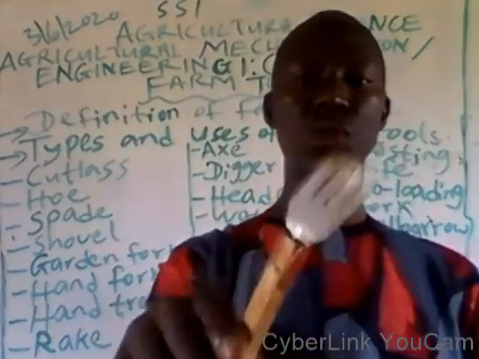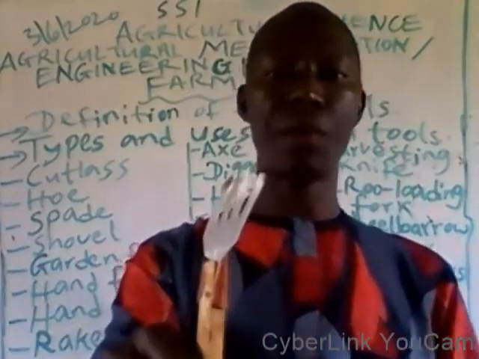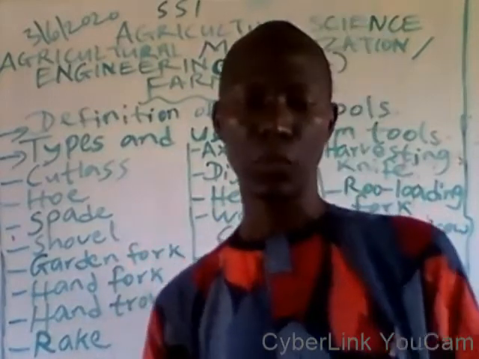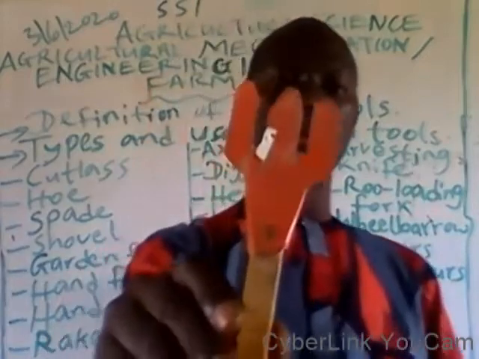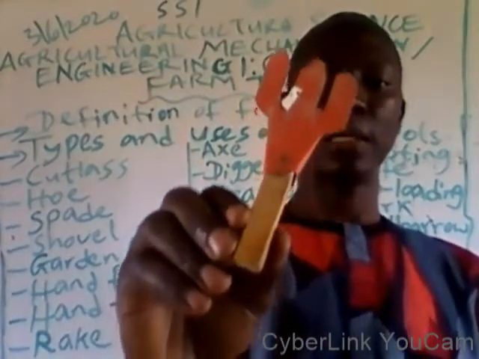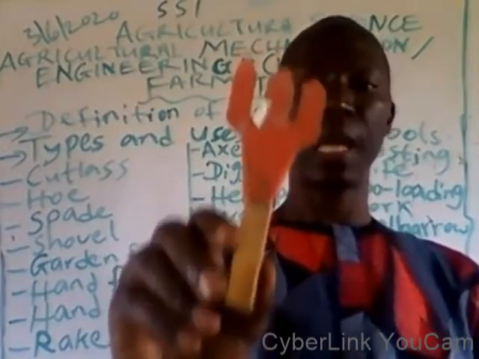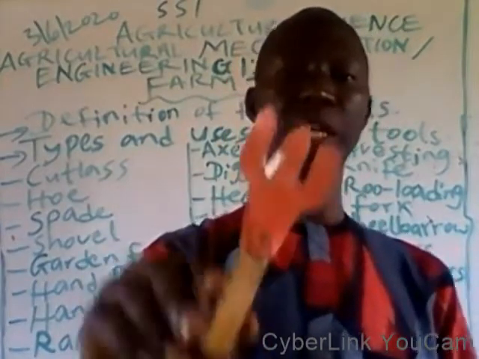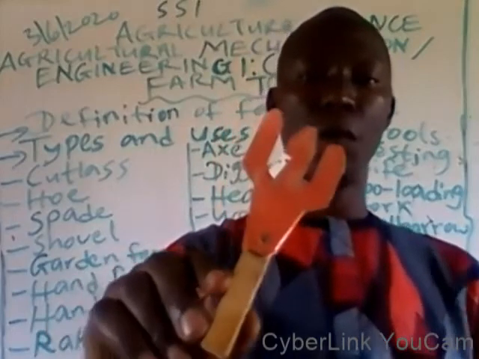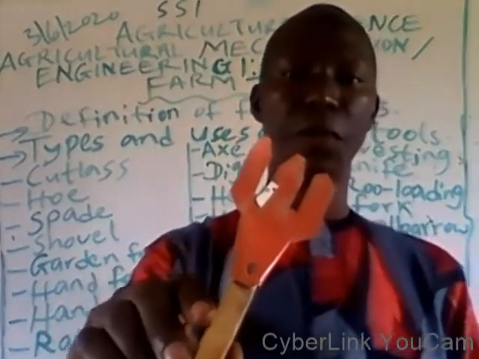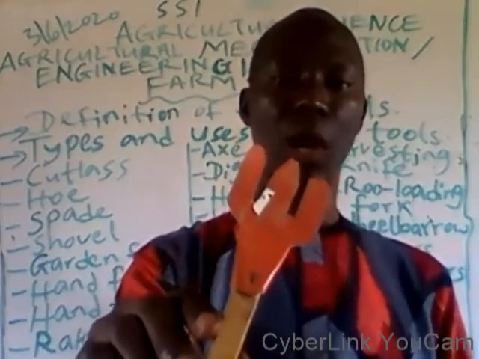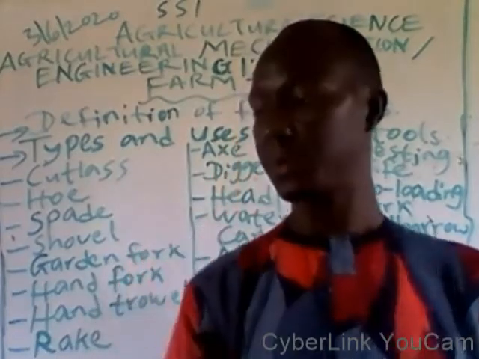They are also used for loading manure and hay into a wheelbarrow. We also have the hand fork. The hand fork is shorter than the garden fork. The hand fork is used for breaking soil clods and also for soil surface loosening, that is to loosen the surface of the soil. You can also use it for light weeding.